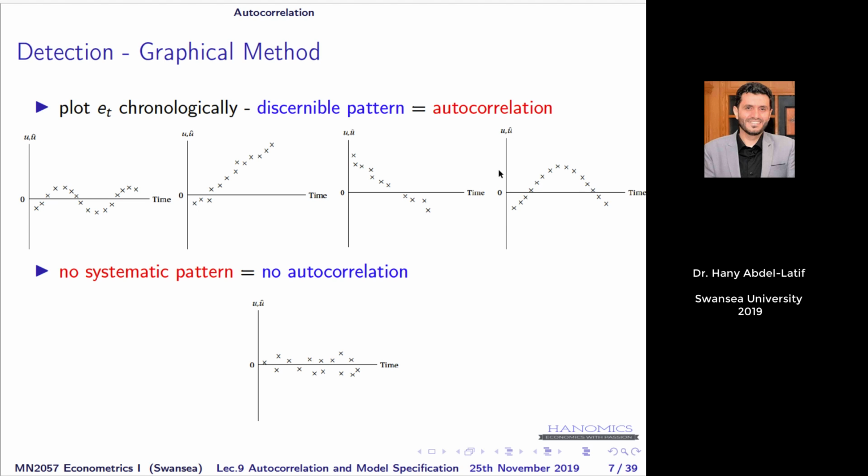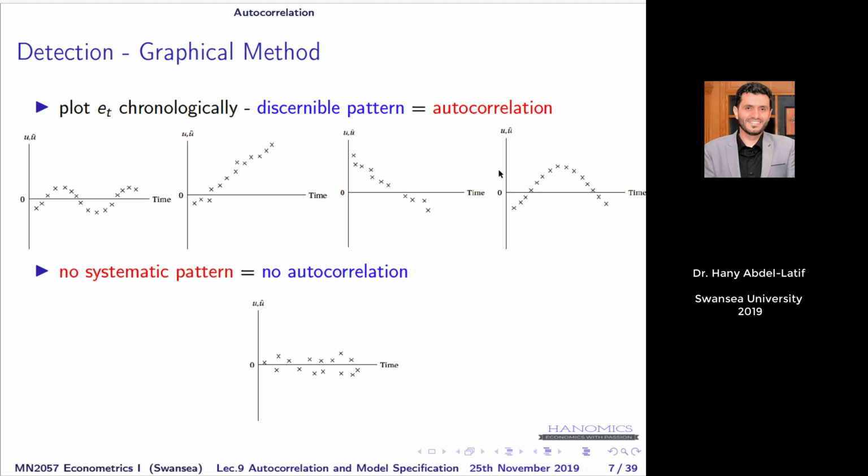But how do we know whether we have autocorrelation or not? Autocorrelation is related to your errors, so we need to test those errors. One way to do that is just to plot your errors. But how do we plot the errors? You don't see the errors, remember?